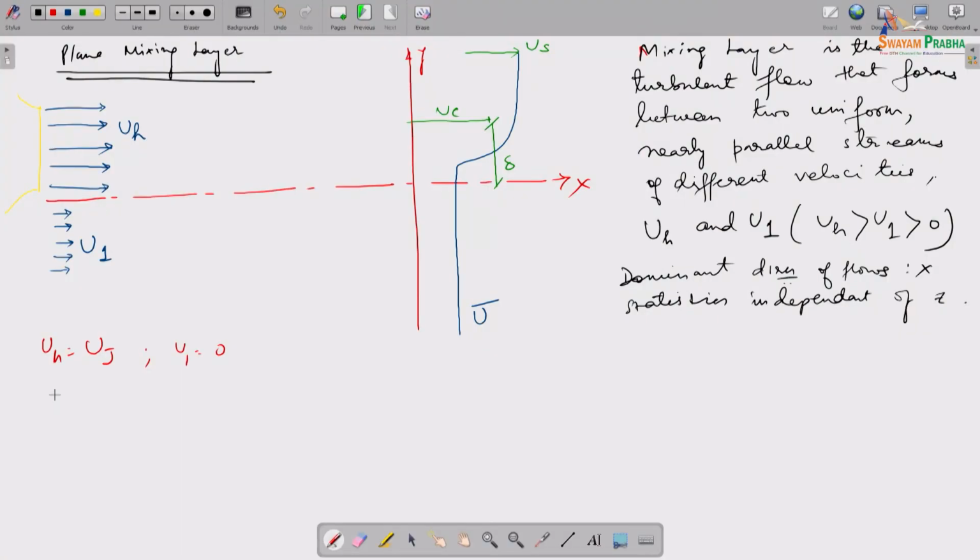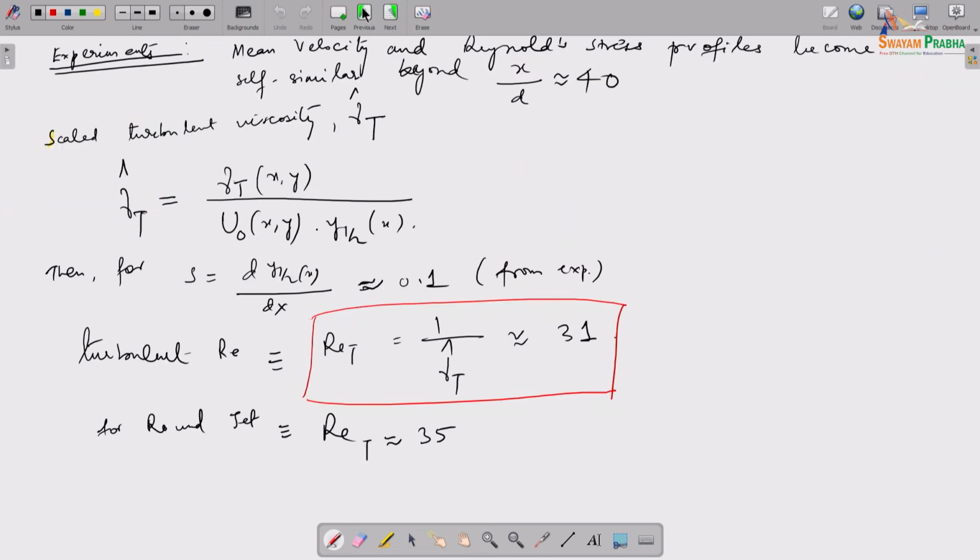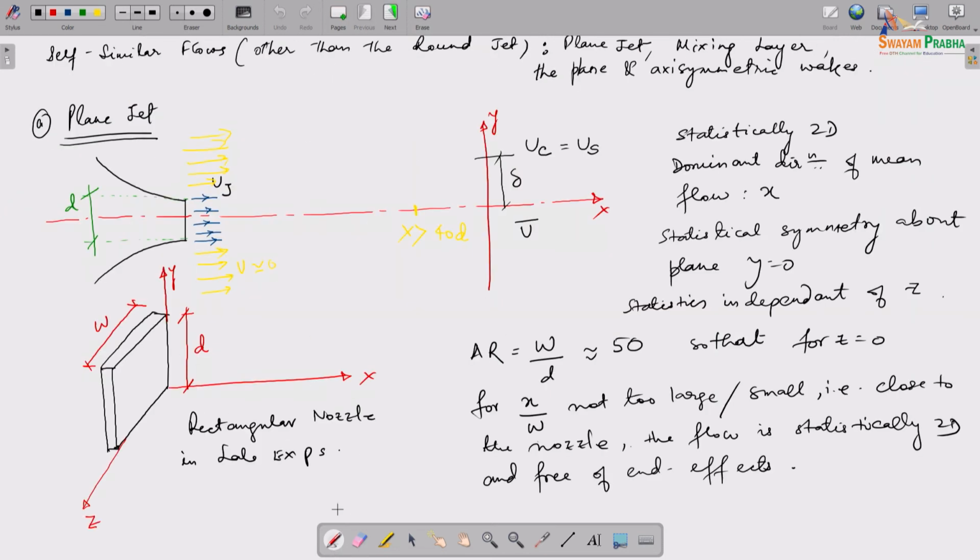So we defined a characteristic velocity. What does this mean, characteristic convection velocity? If you look at the plane jet, this is the velocity, so you call it UJ.